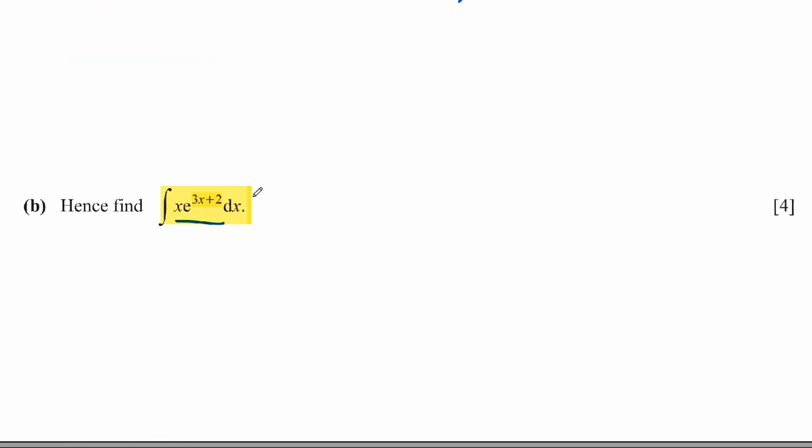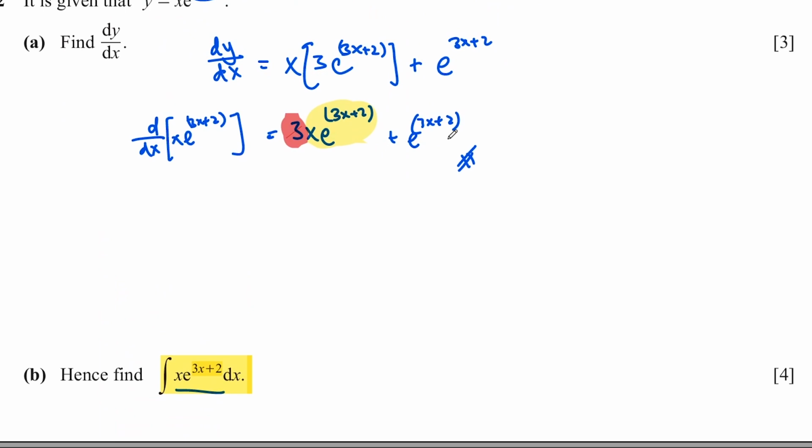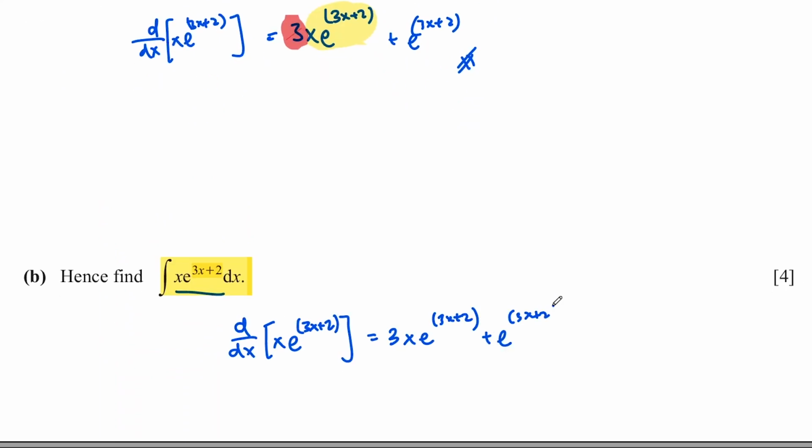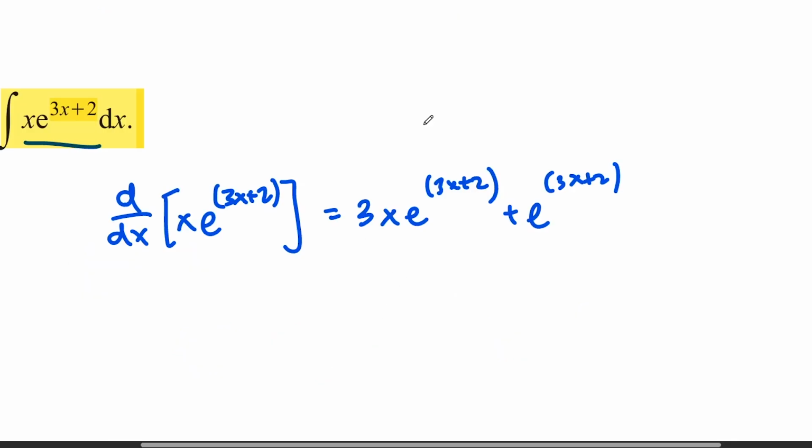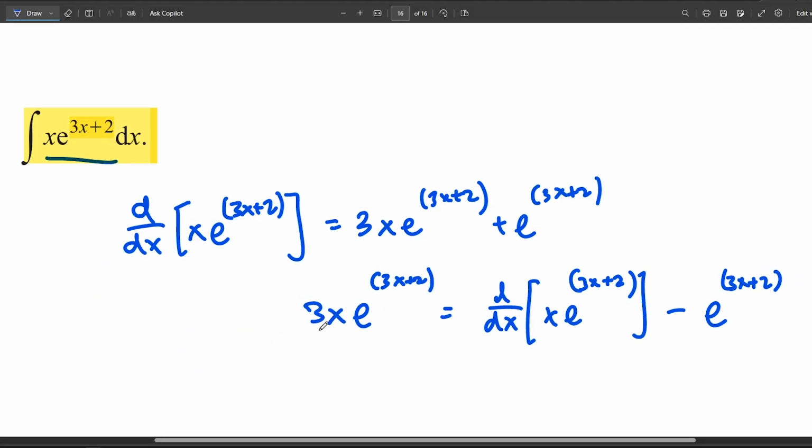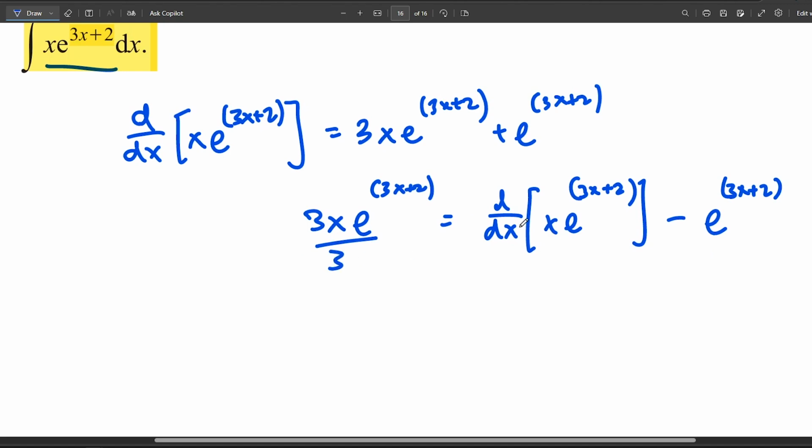Okay, so I'll rewrite the entire result that we got from part A. Now we try and isolate this one. We rearrange it. And now we want to get rid of the 3, so I'll just divide both sides by 3. So 1/3 of this.